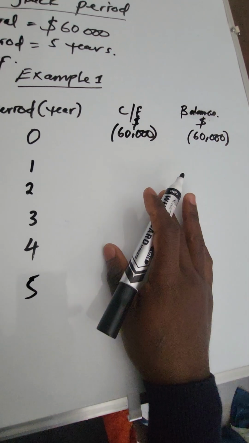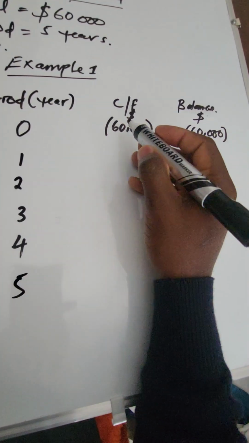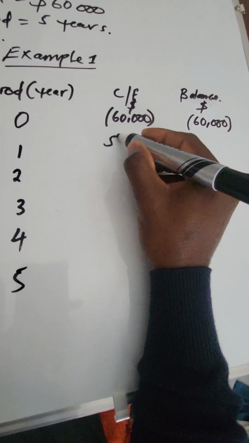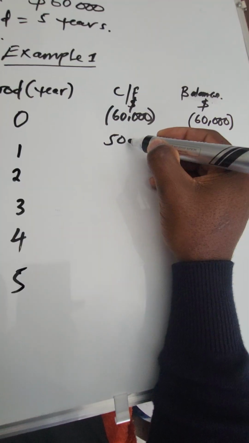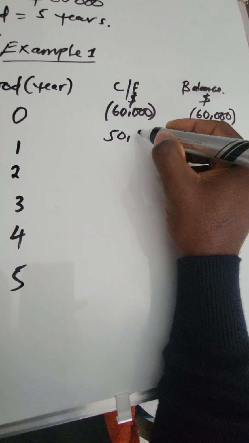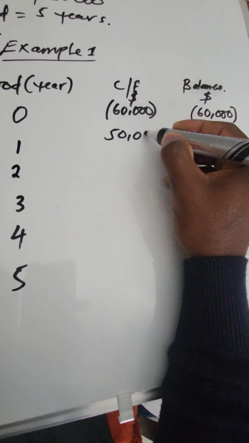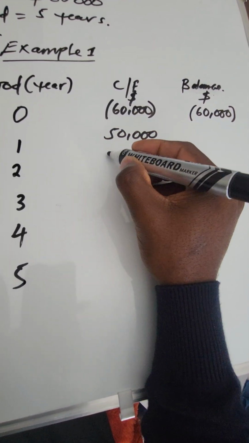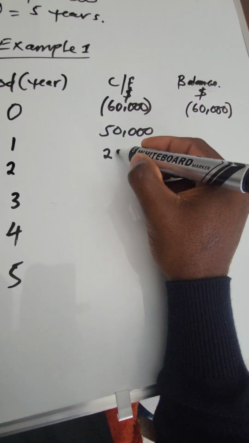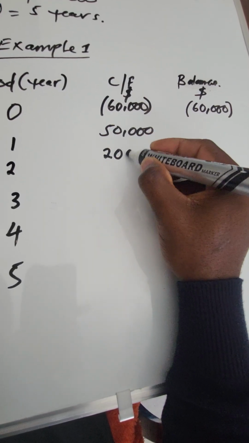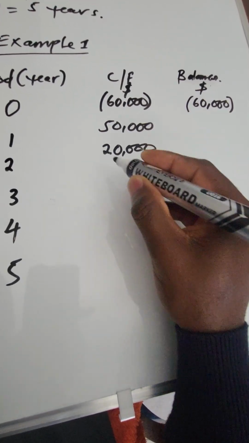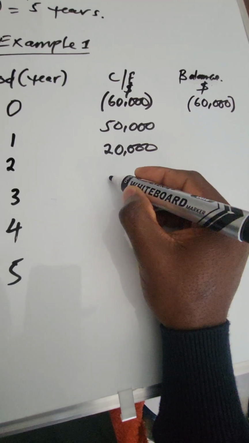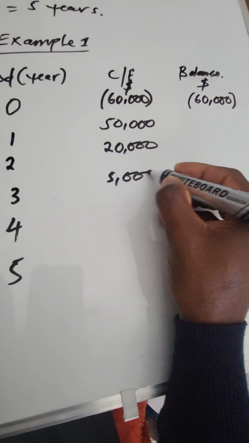Okay, so now our cash flows are just, so in year 1, let's assume the business generated 50,000. In year 2, the business generated 20,000. In year 3, the business generated 5,000.